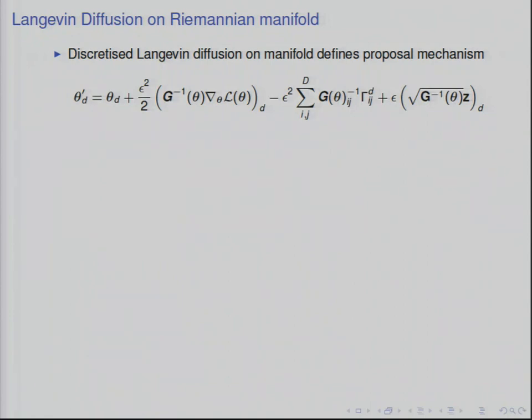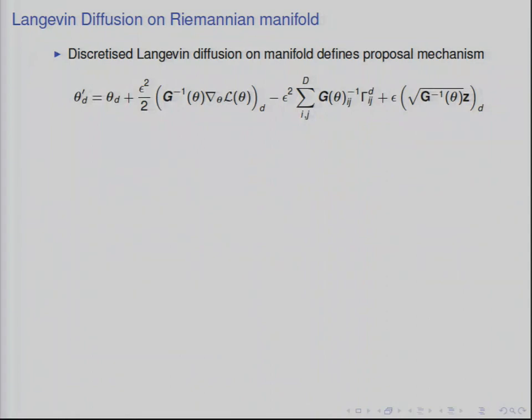And in essence, what this is doing is inducing correlation structure which is local to the point at theta. And so every point on the manifold is going to have this local covariance structure. And so hopefully I convinced you that, well, this looks quite promising.